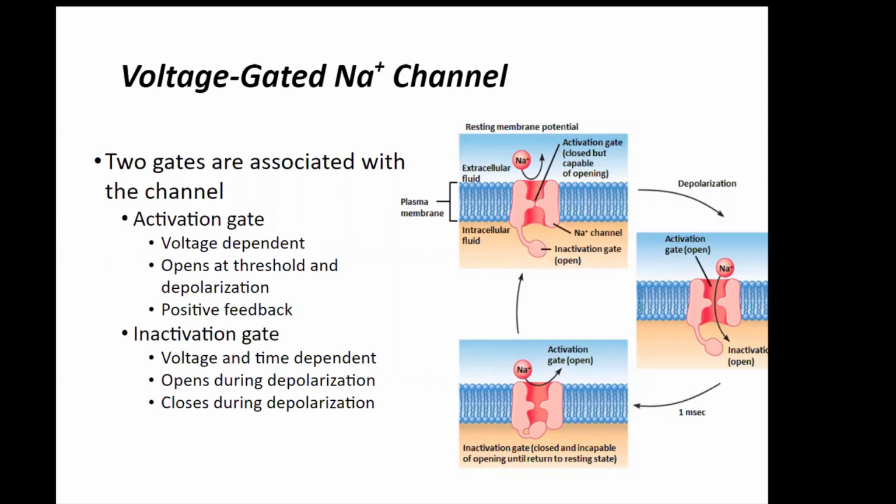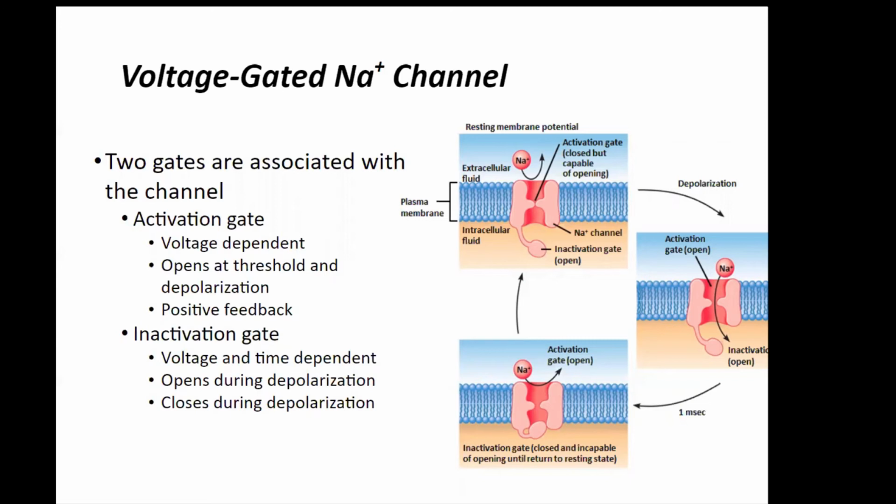So they're going to open. So we'll actually talk about the opening of these voltage gated sodium channels as being regenerative, or describing them as positive feedback. Okay. And that's because as we allow sodium in, we become more positive. So we're depolarizing more and more areas of the membrane, which means that we're triggering more and more voltage gated sodium channels to open.